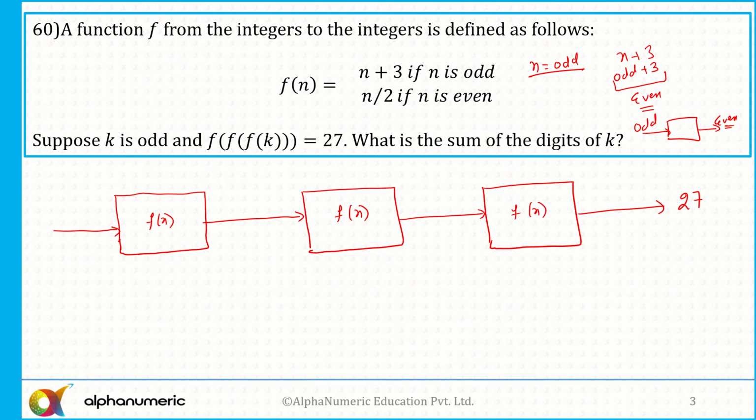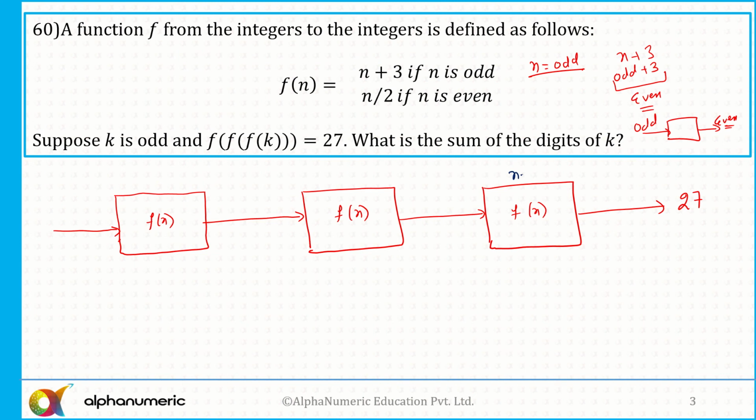Now let's see here. 27 is an odd number. My output is an odd number. So can my input at this point be n by 2 or n plus 3? Let me write it down here. If something is passing through this machine, there are 2 possible inputs.